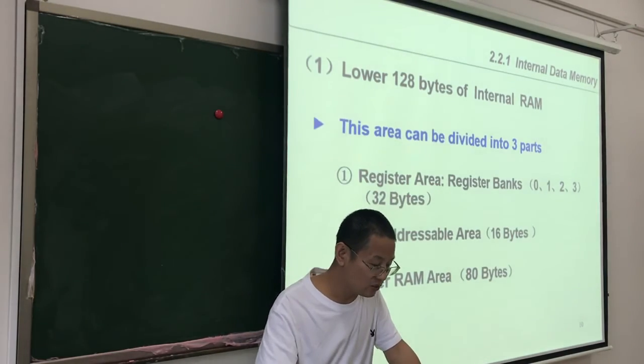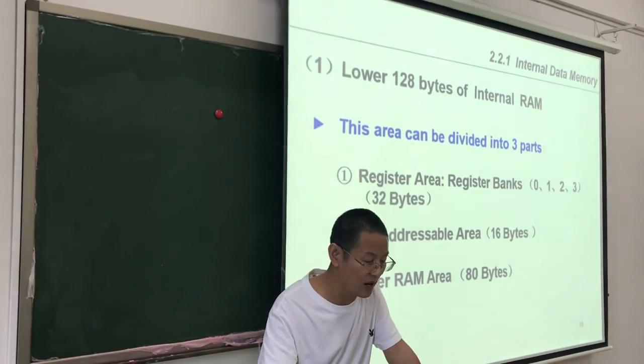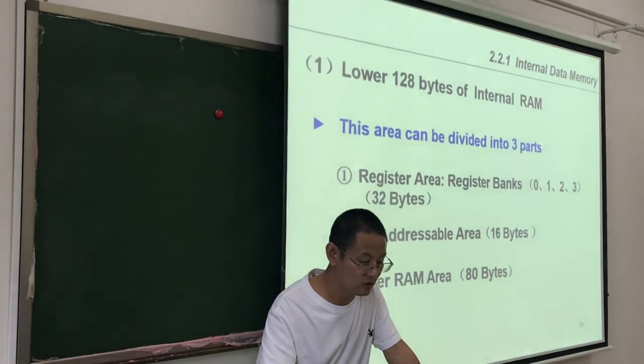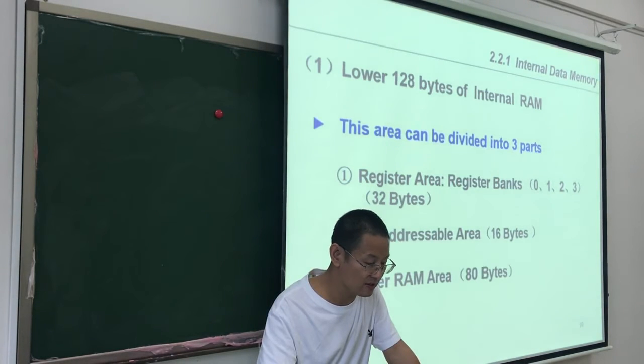The lower 128 bytes of internal RAM can be divided into three parts: register area, bit addressable area, and user RAM area.